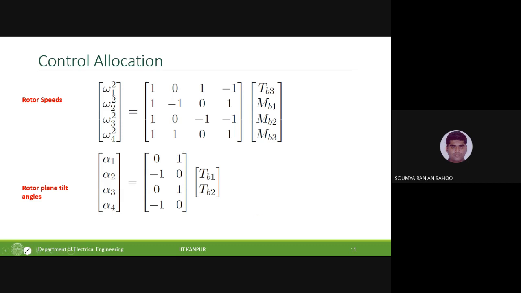So this is a control allocation when you configure your tilt quad rotor in the form of a fully actuated system. Okay, we are currently working on the overactuated system, and I'll show some videos of the overactuated system. But I cannot discuss it here because we do not have any final results for that as of now.